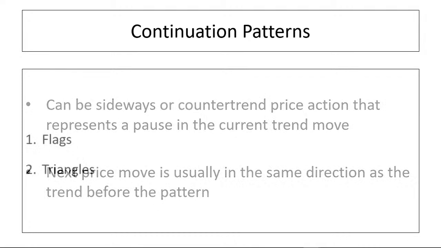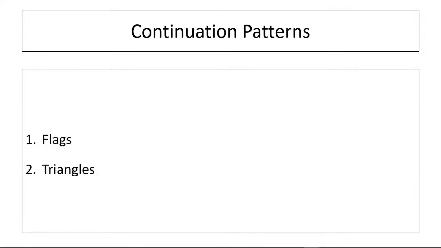The two continuation patterns that I'm going to teach you here today are, number one, flags, bull flags, and triangles. Now there are different variations of continuation triangle patterns. For example, there's what's called a symmetrical triangle. A symmetrical triangle looks like this.